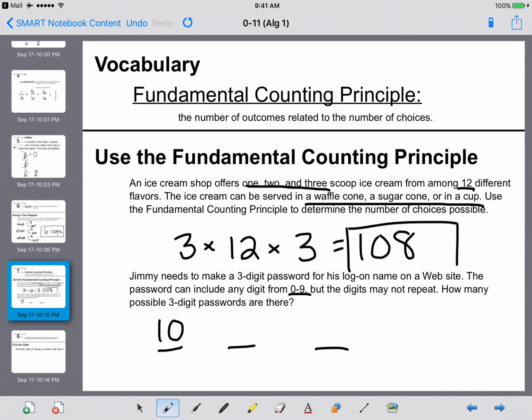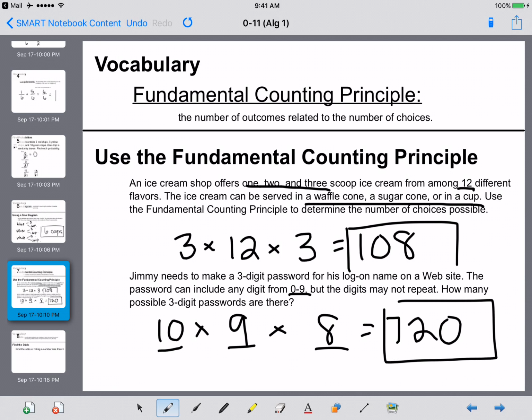So once we use one, now we're down to 9 because we can't use that number again. So there are only 9 options for the second one. And for the third one, we lost 2 options, so it's down to 8. And what you do is you multiply them all together. 10 times 9 is 90, times 8 is 720 different possible password combinations.